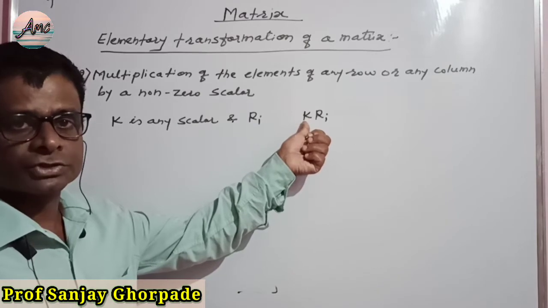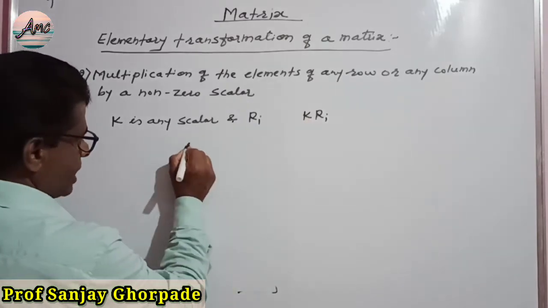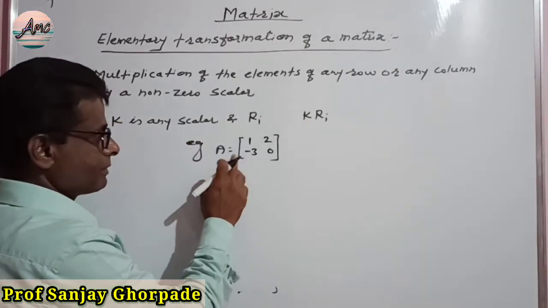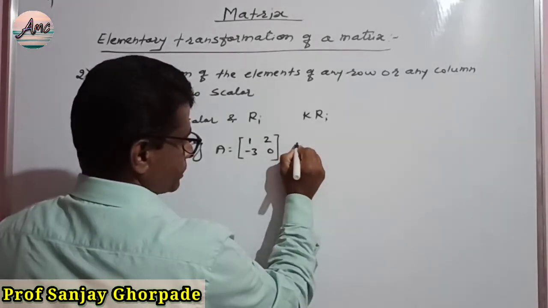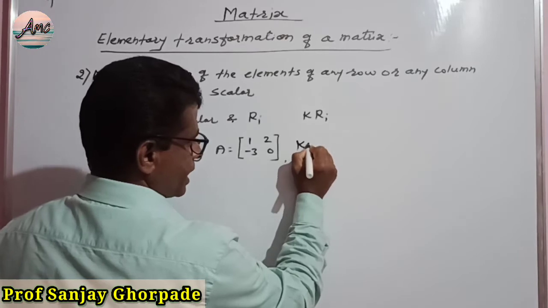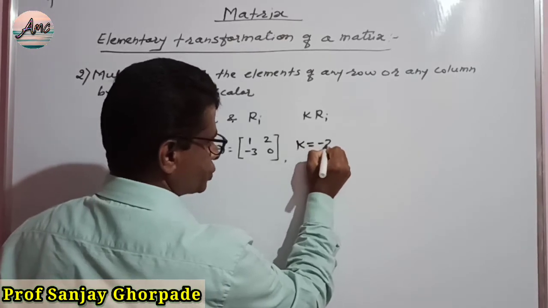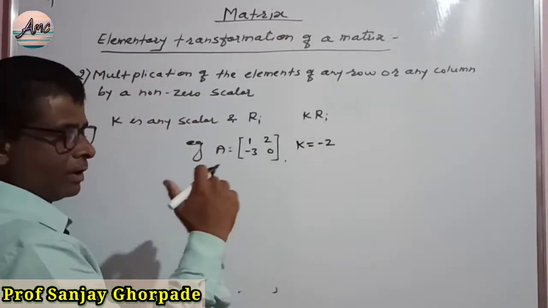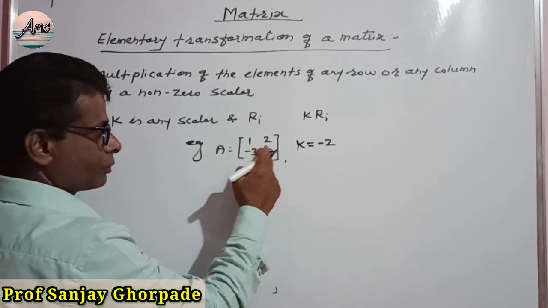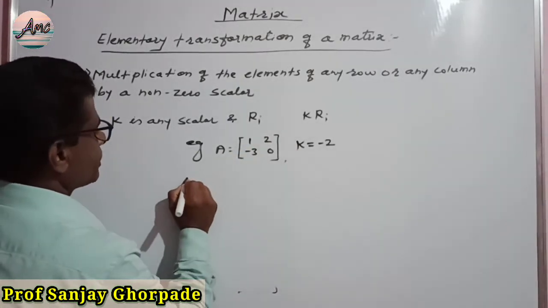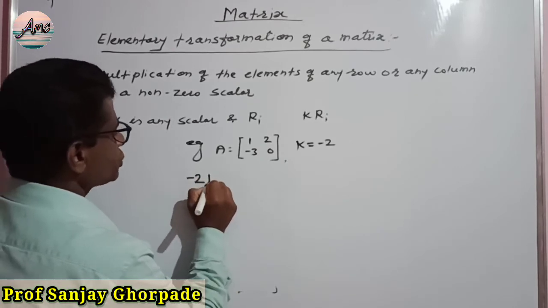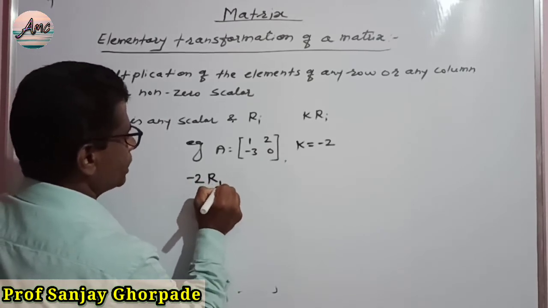Means each element of the ith row is multiplied by a constant K. Say for example, A is a matrix having the elements 1, 2, minus 3, 0. And if I consider the constant scalar as minus 2, let us multiply this constant K to each element of the first row. Then that can be represented by minus 2 into R1.